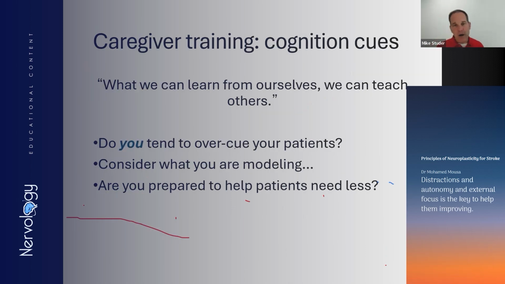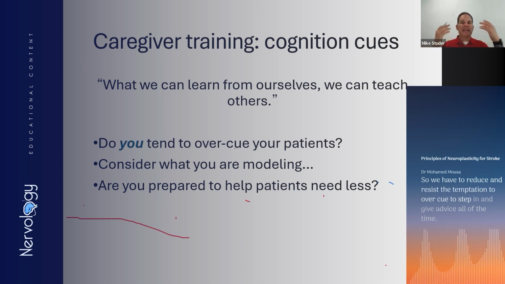them improving. Now, keeping in mind, we've also learned today to not give people 100% cues, to let them struggle, let them give themselves some feedback, even if that feedback or solution is not perfect. So we have to reduce and resist the temptation to over-cue, to step in and give advice all of the time.